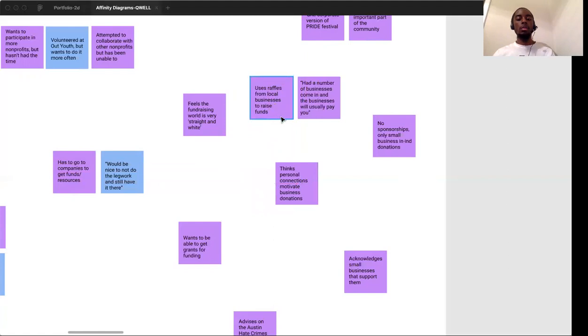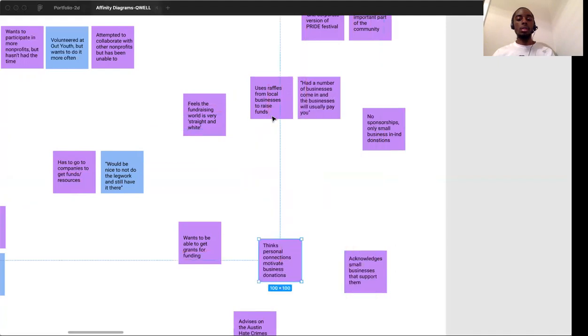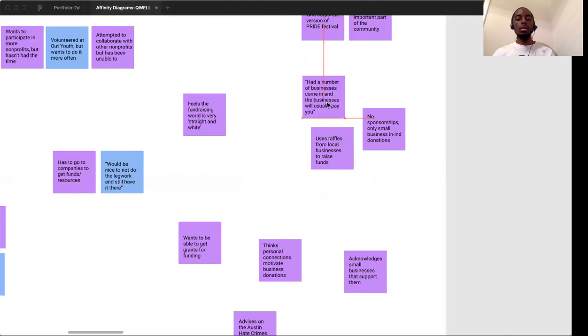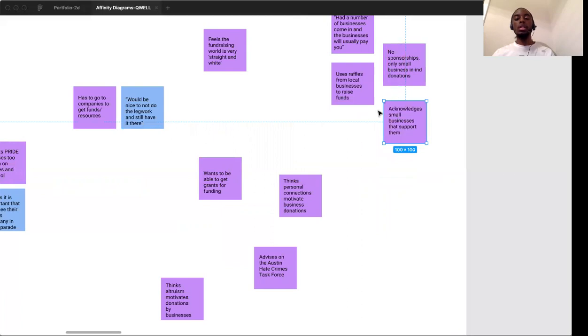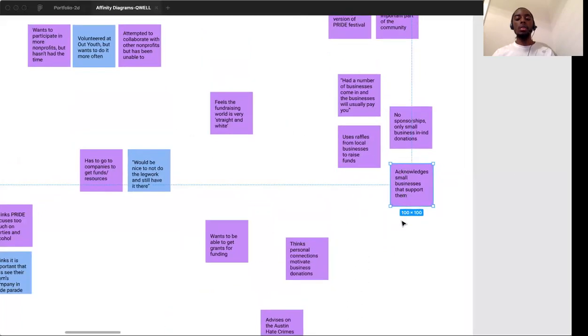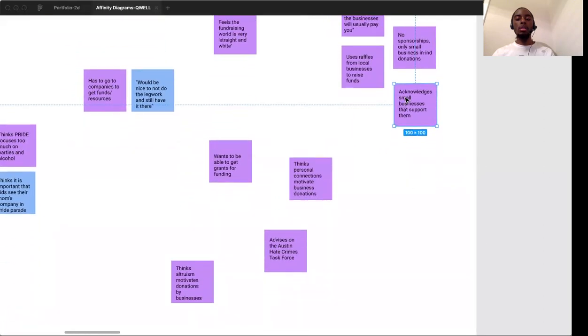Uses raffles from local businesses to raise funds. So these three seem related to me. They're all related to needing support from local small businesses. And maybe this one could either be related to that, or they need to acknowledge those support systems. So I'll leave that here just for now.